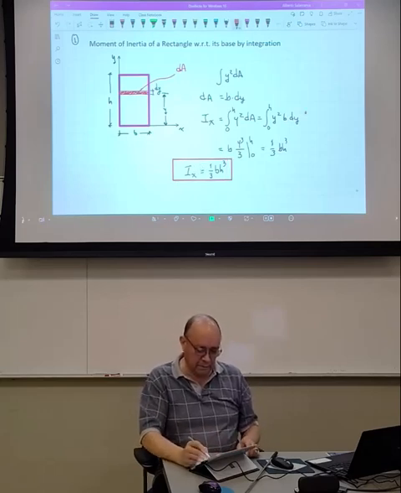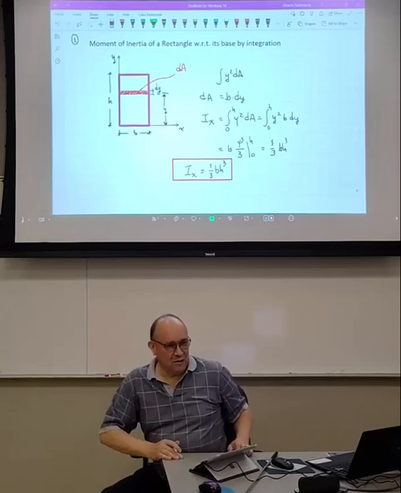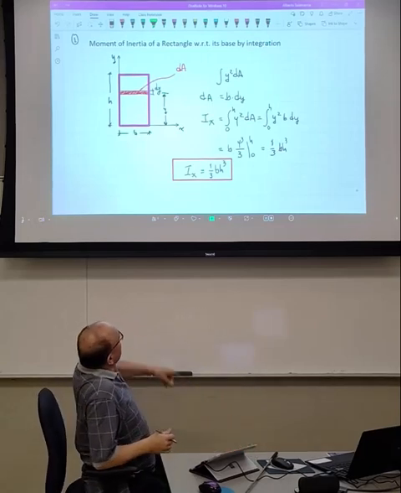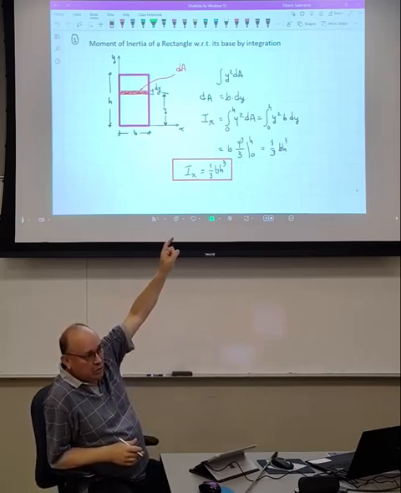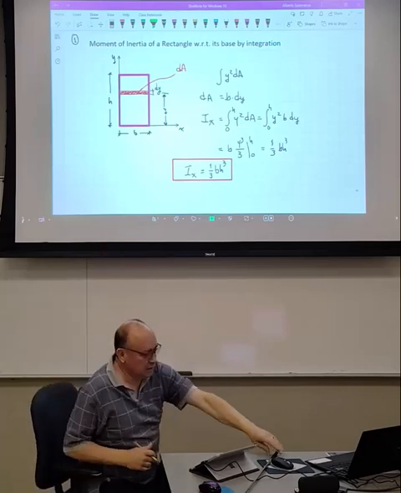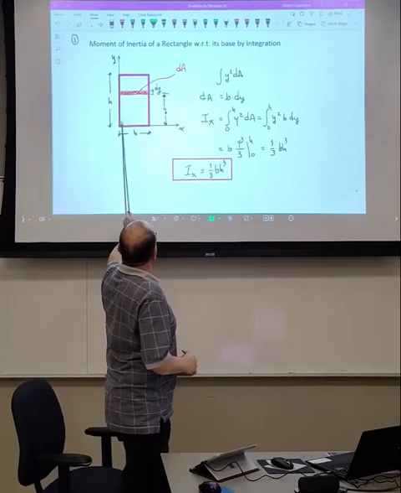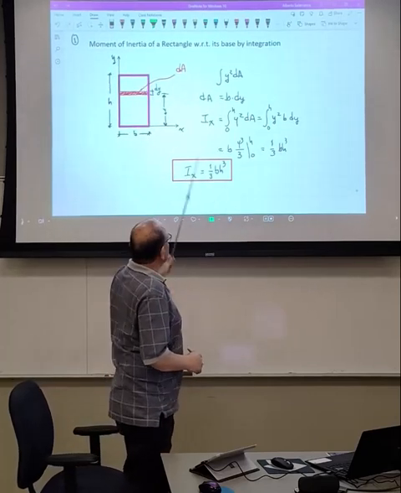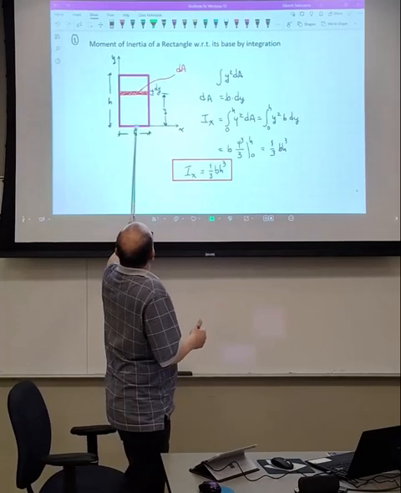Alright. You have to memorize that. Not really. This is the moment of inertia of a rectangle with respect to an axis that goes through the base, right? Because of this axis, 1/3 of this times this. You want to put dimensions. This is a 2 by 4.